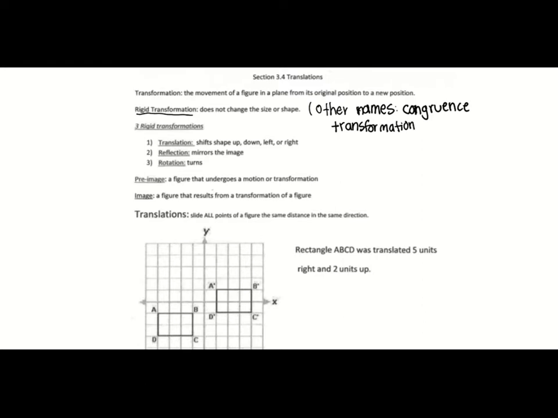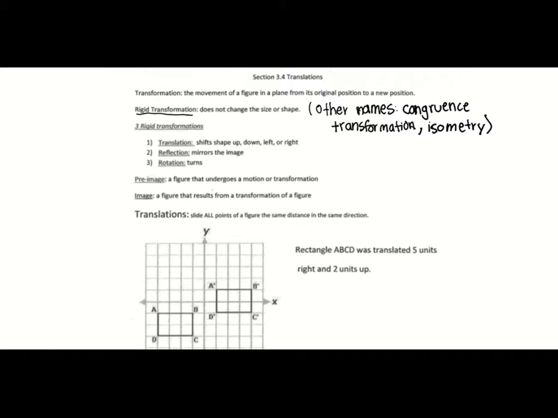And then it is also sometimes referred to as isometry. But we will mainly refer to it as a rigid transformation. I just want you to be aware that there are some other names for that same thing.